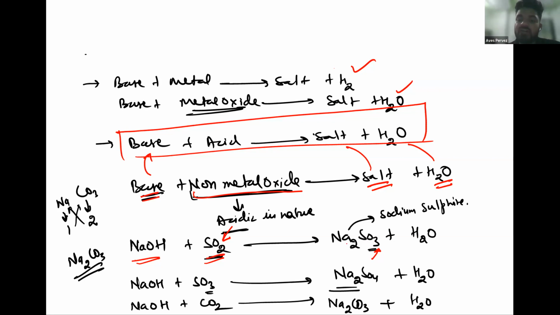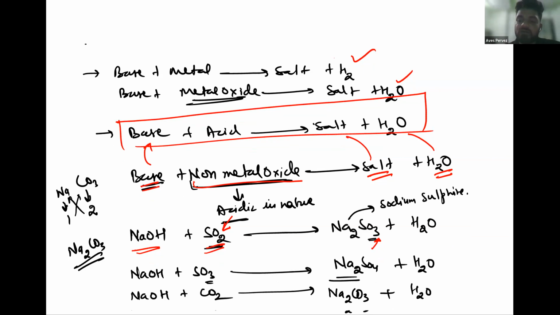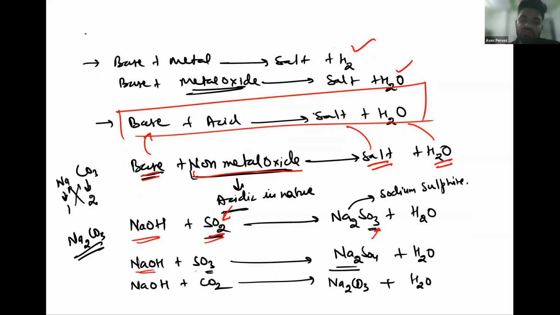Look at this, we will have Na2SO3. Now if NaOH reacts with SO3 gas, sulfur trioxide, then we will have Na2SO4. One extra oxygen will be here. If NaOH reacts with carbon dioxide, CO2, then it will become CO3, the carbonate ion.